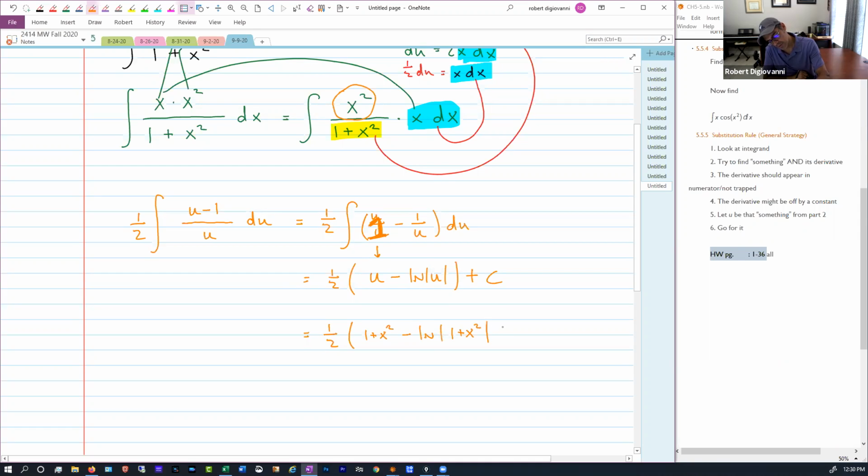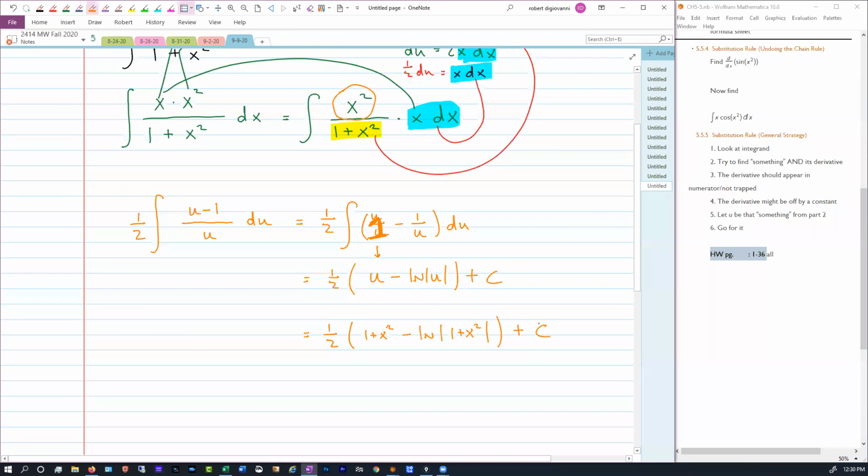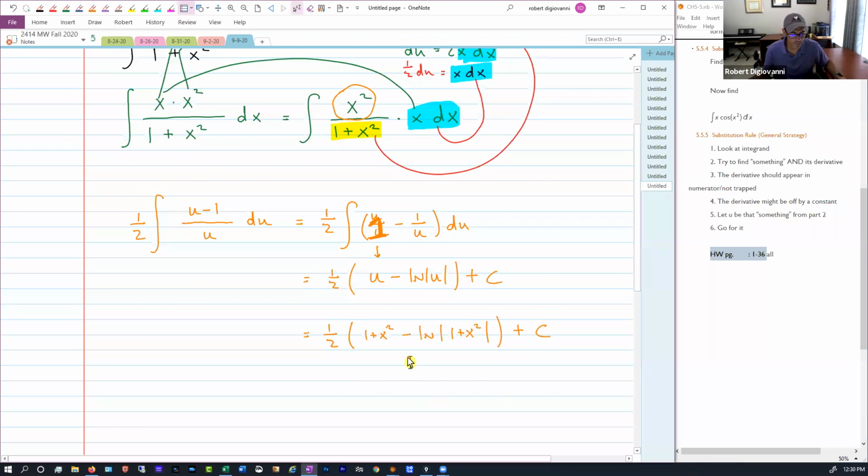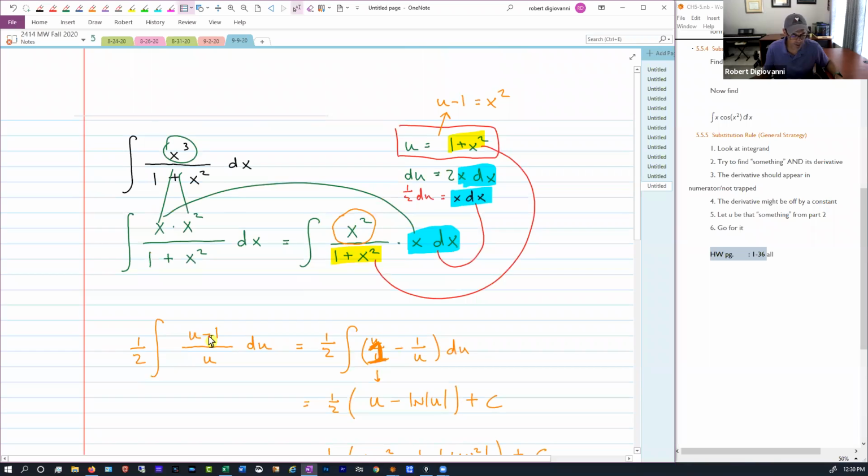Any questions? Where did the u minus 1, what happened there, sir? I got a little lost there. Where did it come from? Yeah. This came from the fact that we were trying to figure out how to replace the x squared. We knew the yellow would be replaced with u.